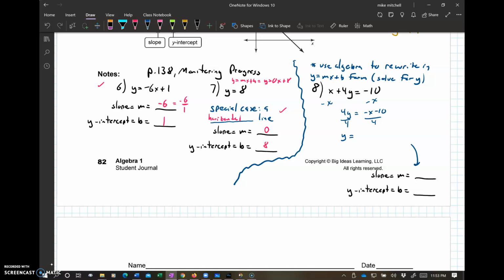This one I got started for you. You've got to solve it for y. So use algebra to rewrite it. Minus x, minus x. I put the x first because that's closer to the y equals mx plus b format. Now I got negative x over 4 minus 10 over 4.